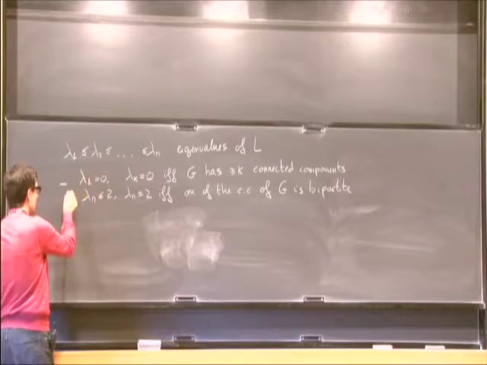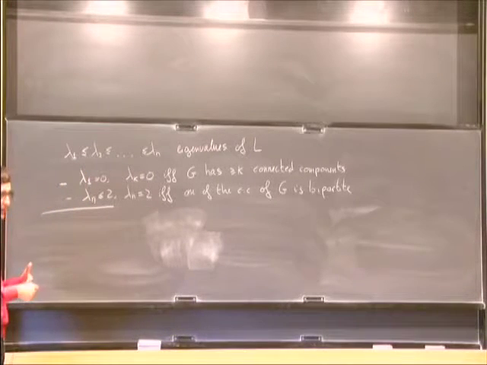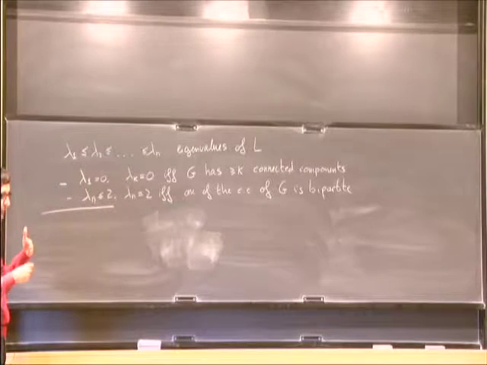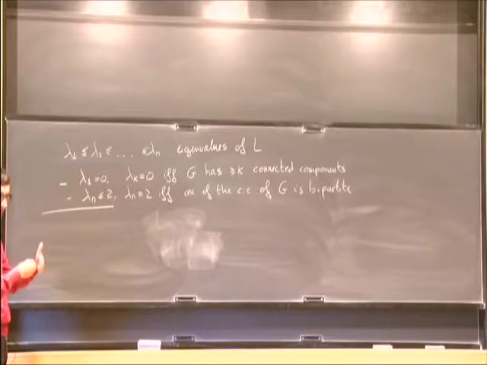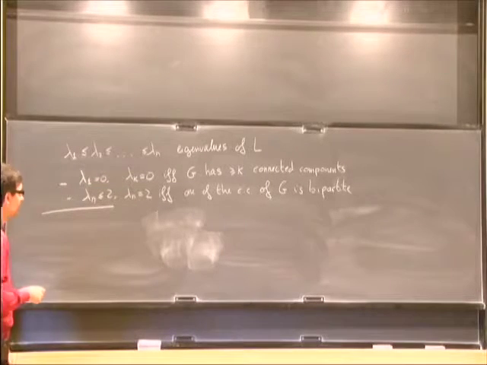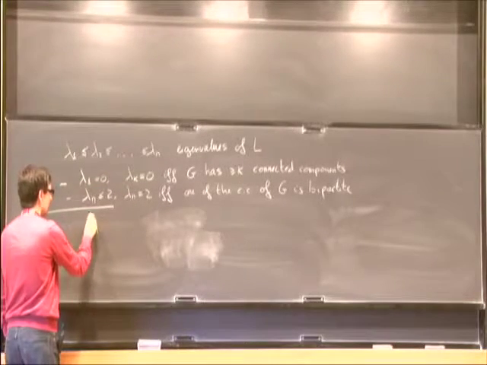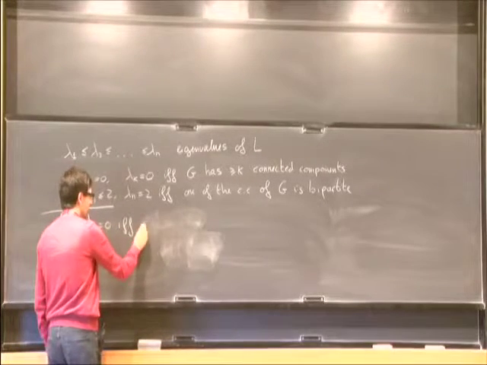Now, a special case of the first fact is known to have also a more robust version that doesn't talk only about the extremal case, but also talks about near extremal cases, which is Cheeger's inequality. A special case of the first fact is that lambda 2 is 0 if and only if G is disconnected.